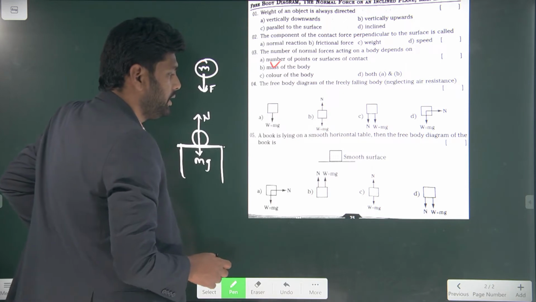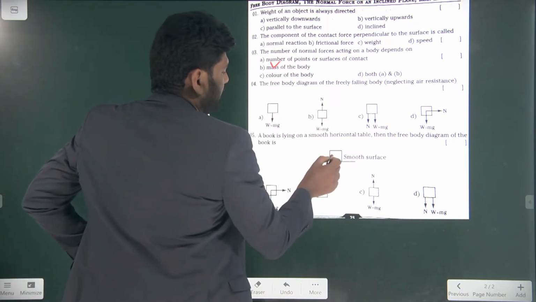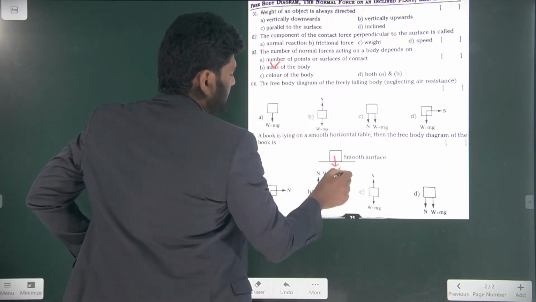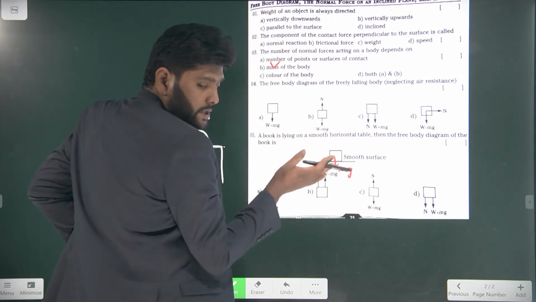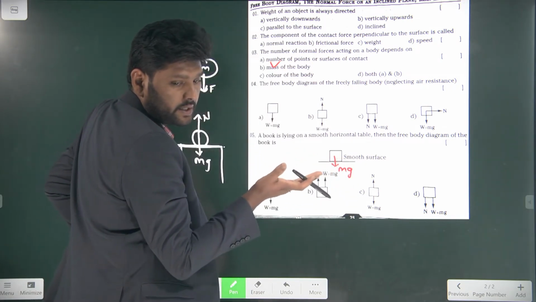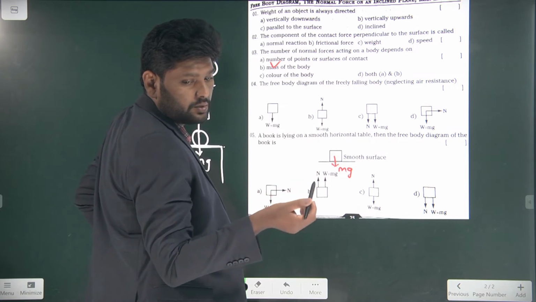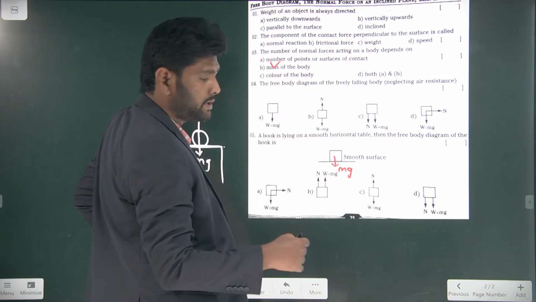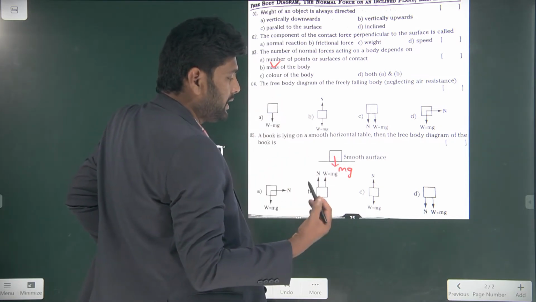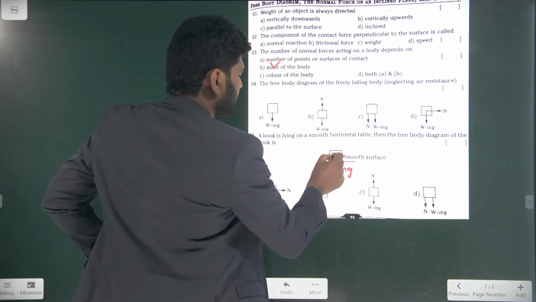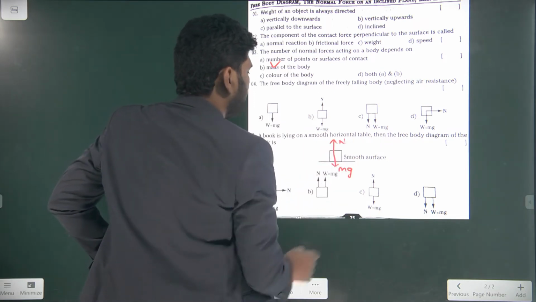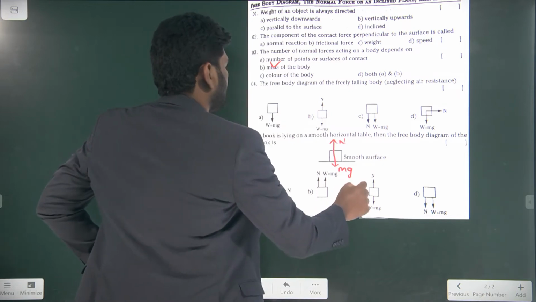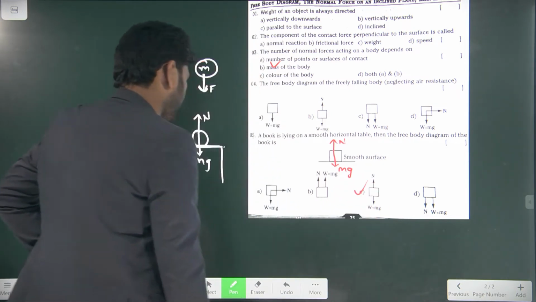Option C. How option C? What forces are acting? mg is acting downward, but the surface of contact applies a normal reaction so the book does not move downward. In which direction will the normal reaction act? Upward. So which one is correct here? Option C is correct. You are right.